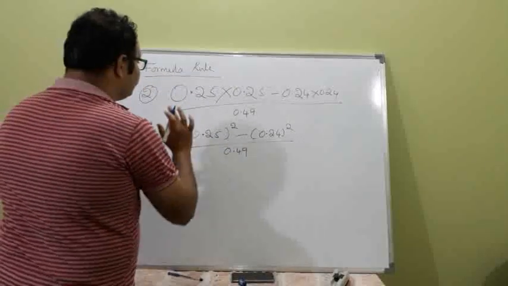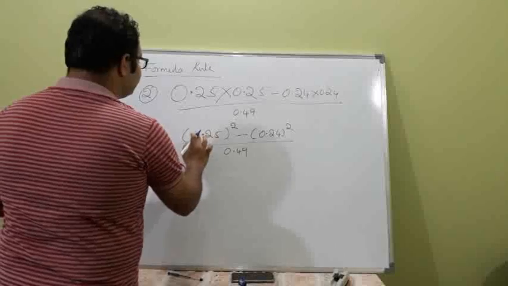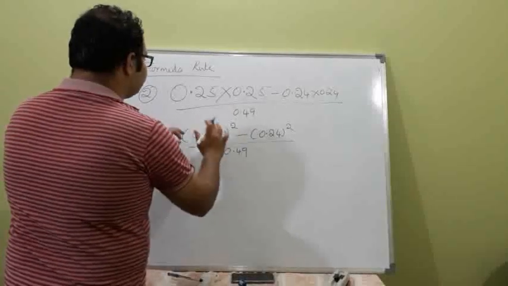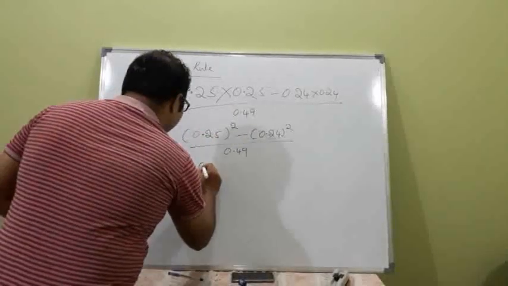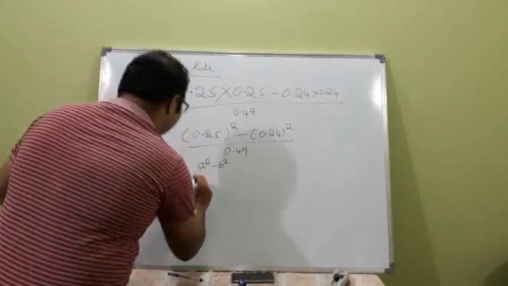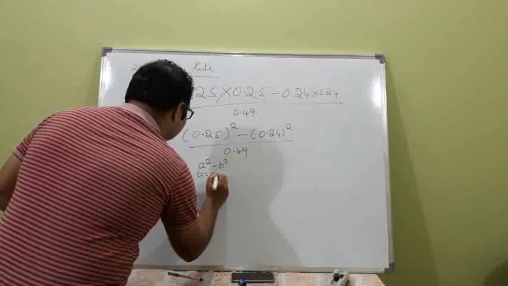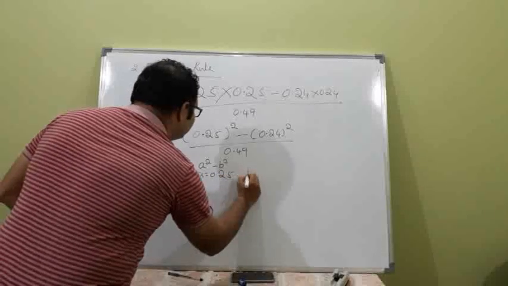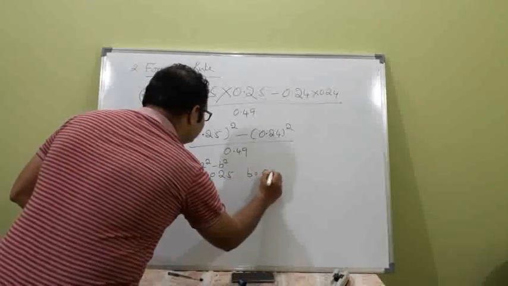Let us consider the numerator. This problem resembles a square minus b square. Here a is 0.25 and b is 0.24.